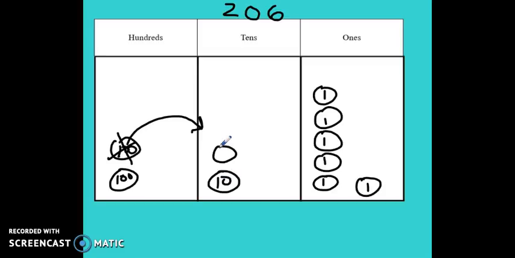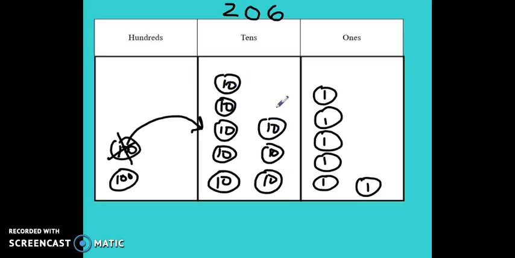So remember, 10 tens is a 100. So it's 30, 40, 50, 60, 70, 80, 90, 100. And now I'm able to take one of my tens away for 10 less than 206. So I cross one 10 out, and 10 less than 206 is 196.